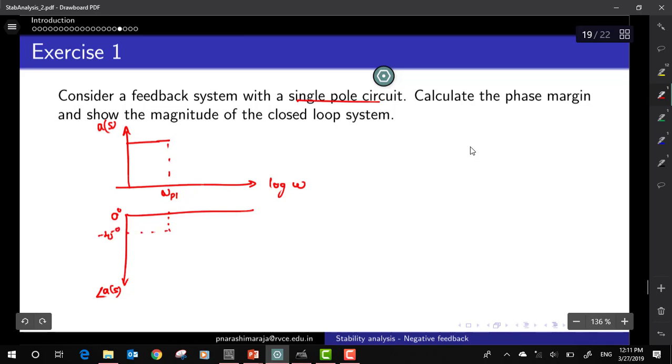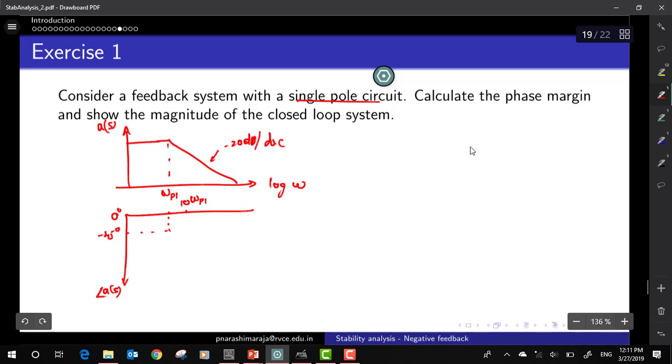After a while this magnitude would go down all the way, with a decaying factor of minus 20 dB per decade. What happens after I move to 10 times omega p1?